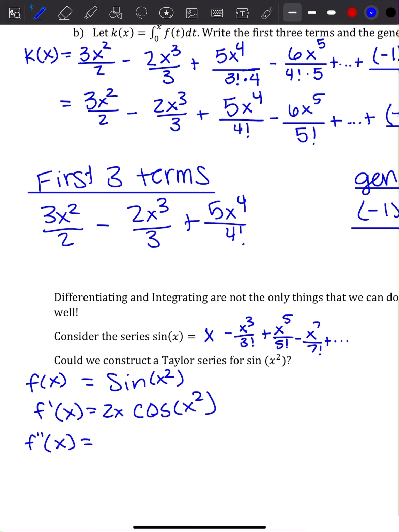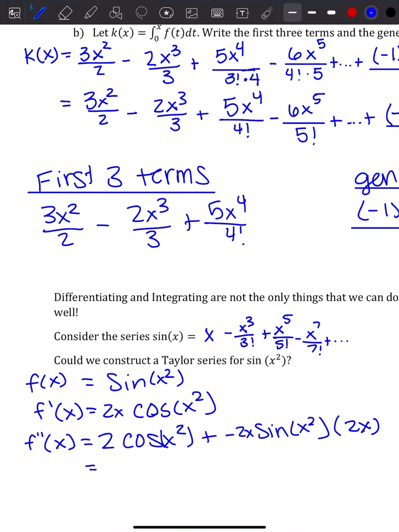So we have the derivative of 2x, which is 2, times cosine of x squared, plus the derivative of cosine of x squared, which is negative sine of x squared times 2x, times the 2x from original. So u prime times v plus v prime times u. This simplifies to 2 cosine of x squared minus 4x sine of x squared.